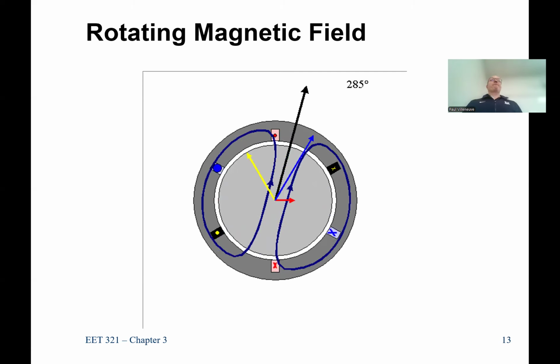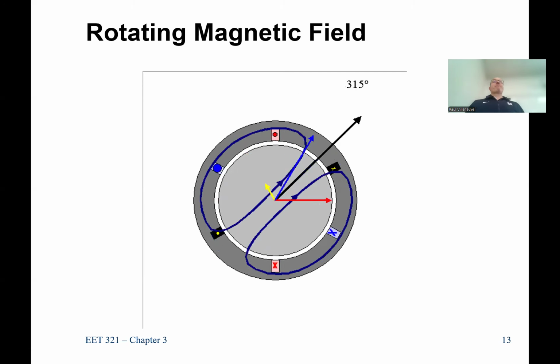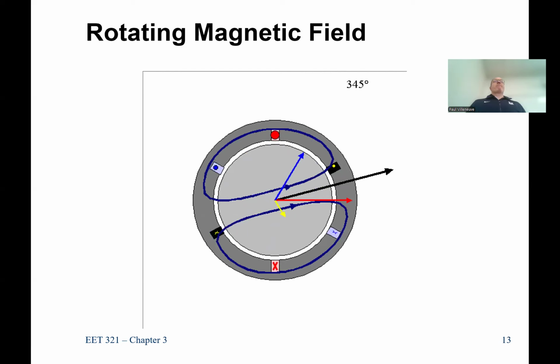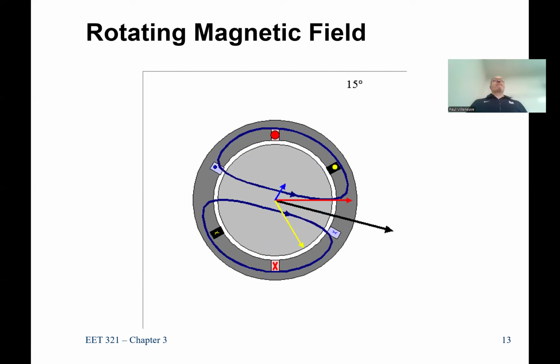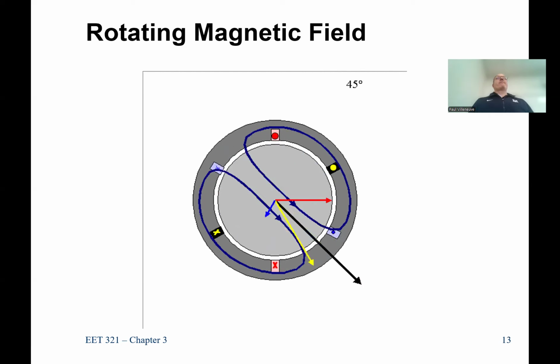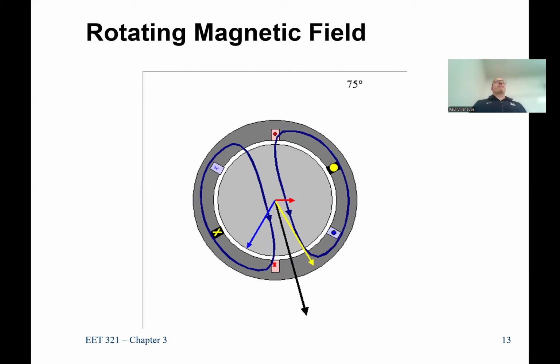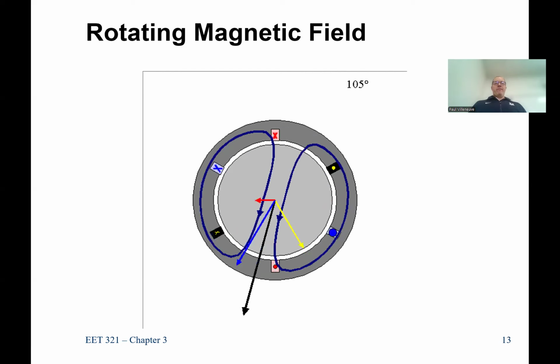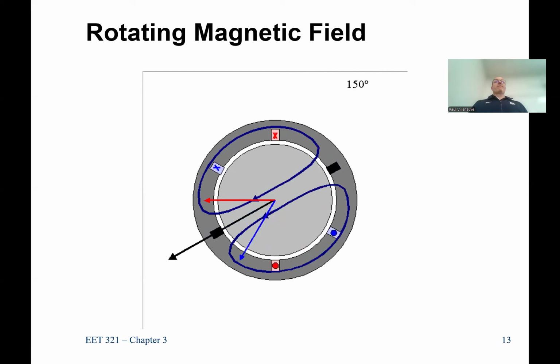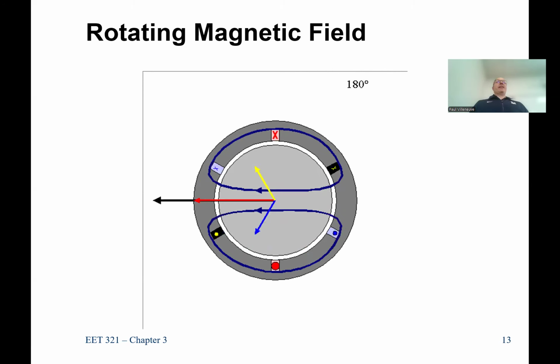Yes, sir. I feel like I understand what's happening. I don't know how to put a formal answer. What information are we trying to bring up? B is the magnetic field strength.